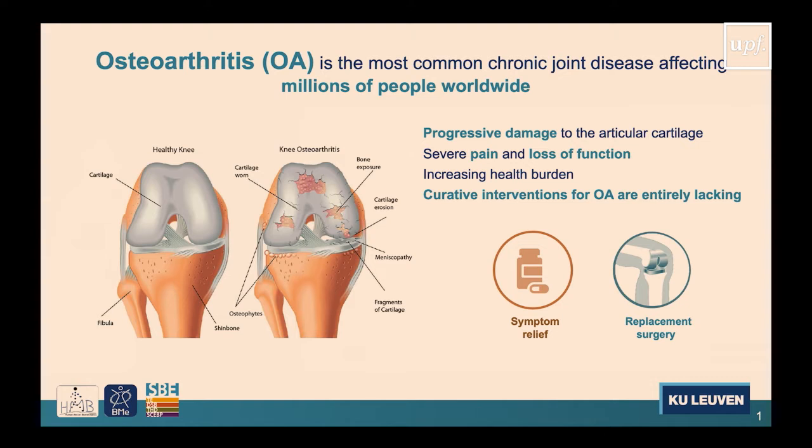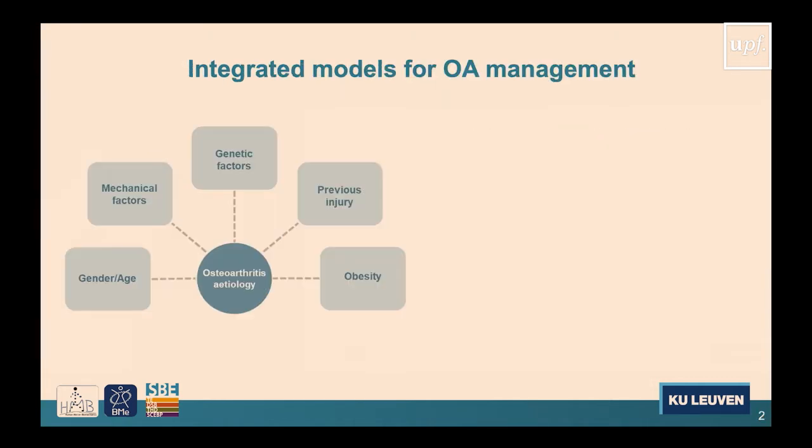But of course, that is not the best solution. And being a physical therapist by background, I would like to help these people in an early stage of the disease and try to reduce the progression of the disease as soon as possible.